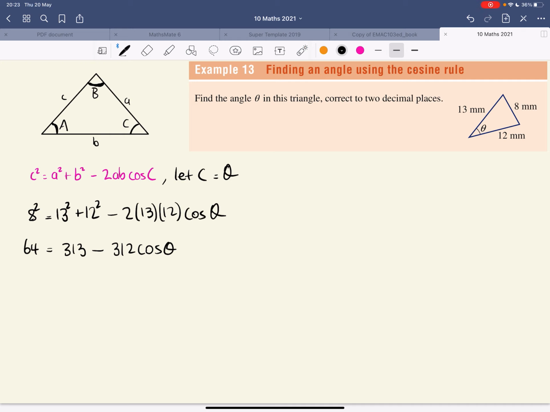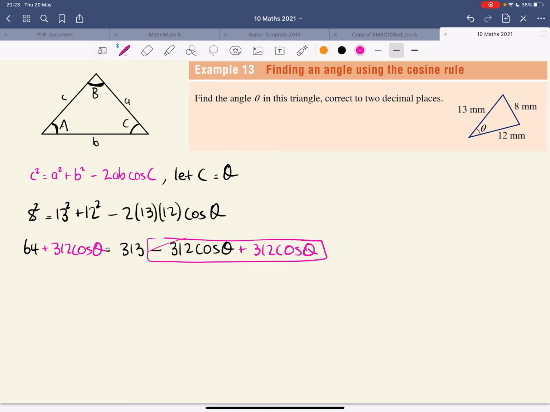All right. So watch. I'll just make some space here. Sorry, I know you don't have the privilege of doing this, but we'll just go with it. So I'm going to go ahead and add 312 cos theta to both sides. All right, and now this part gets eliminated.